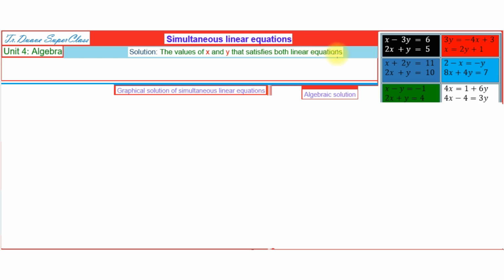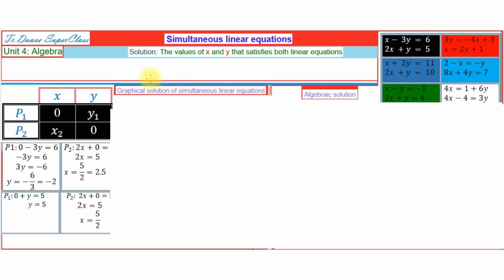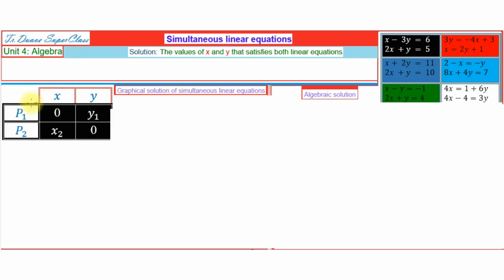Now let's work them out using the graphical method. The graphical method is based on drawing the graph of both equations and then identifying the intersecting point, and the solution is the coordinate of the intersection point. This means we can use this table here, where we need to find the coordinates of the first point and the coordinates of the second point.